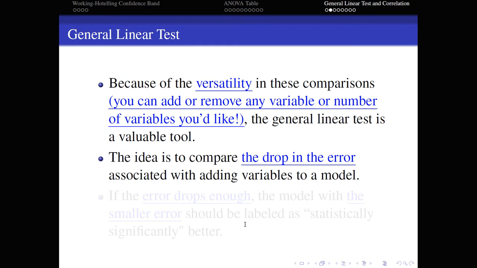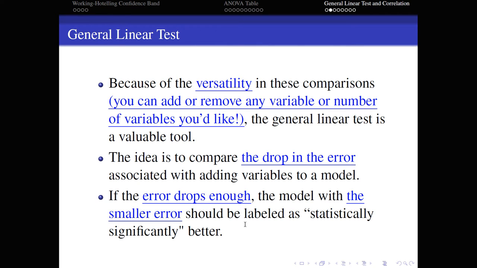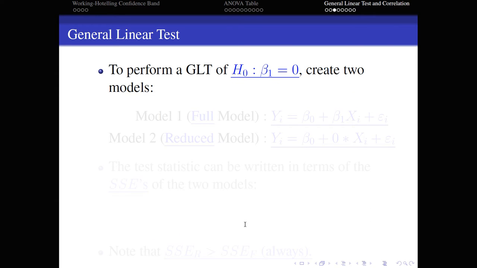Again, the idea is to compare the drop in error associated with adding the variables to the model. So when we add variables, if the error drops far enough, then the model with the smaller error is labeled statistically significantly better.